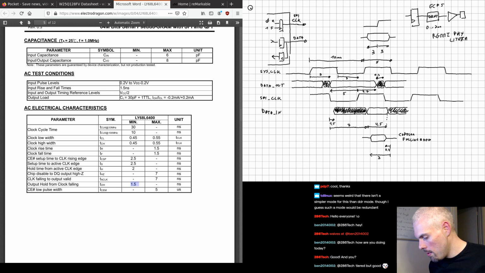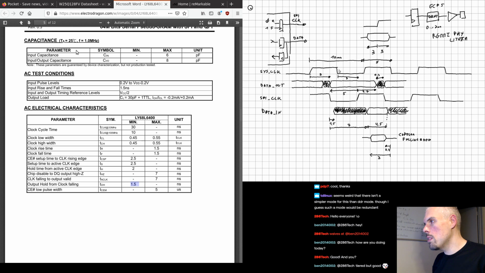Hopefully, though, you can see the issue is that we only had two options. We could sample on the rising edge, or we could sample on the falling edge. And you kind of have to hope that one of the two works. And here it does. If we sample on the falling edge, that works. But sometimes it might not, right?